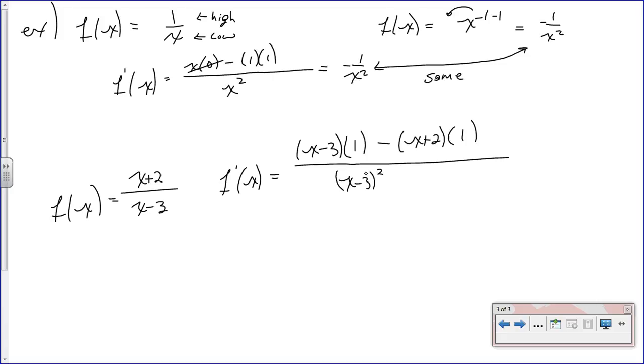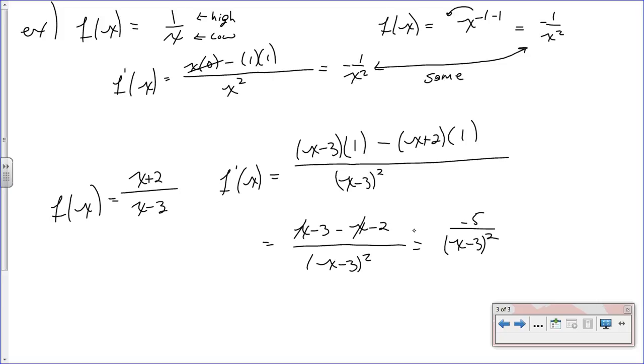So this is going to equal x minus 3 minus x minus 2, over x minus 3 squared. So the x's cancel out here, leaving us with negative 5 in the top and x minus 3 squared in the bottom. So that is f prime of x of our function, x plus 2 over x minus 3. Negative 5 over x minus 3 squared is our derivative.